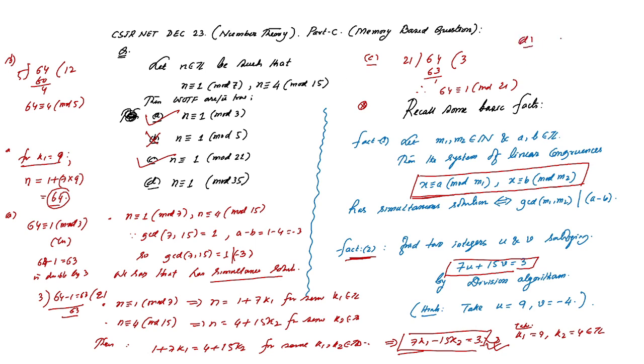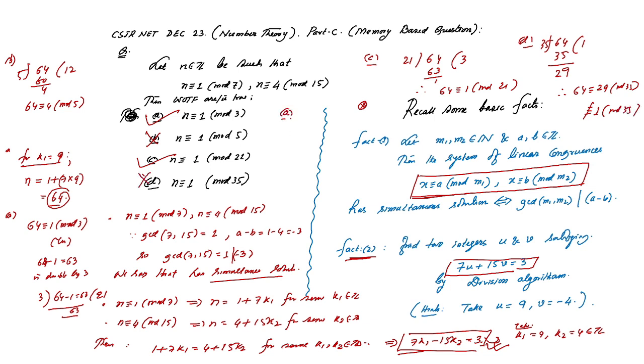And for option D, if we divide 64 by 35, that means 64 is congruent to 29 mod 35. So it is not congruent to 1 mod 35. So this option is false.